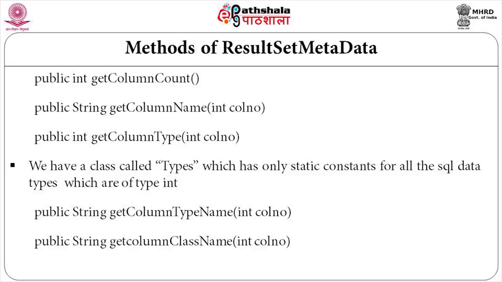But corresponding to every SQL type, there is some Java type which is more appropriate. For example, if it is a varchar, what's the appropriate type for Java? If it's a varchar data type in my database, I would like to get the value in the form of a string in Java. So string matches the varchar of the database.